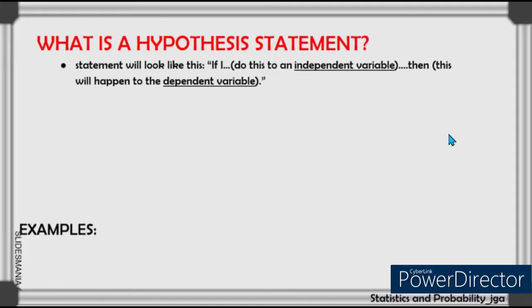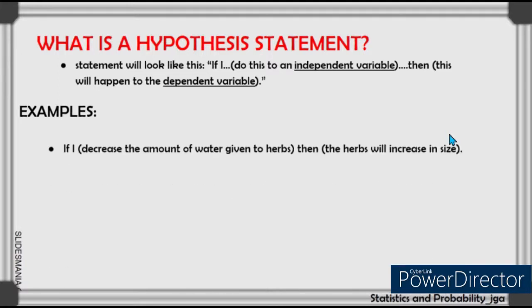So we have here examples on how to state a hypothesis. If I decrease the amount of water given to herbs, then the herbs will increase in size. The independent variable in this statement is decreasing the amount of water given to herbs, and the dependent variable is the herbs will increase in size.